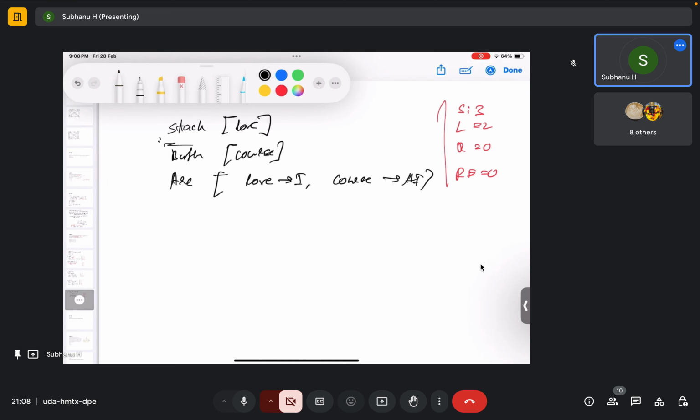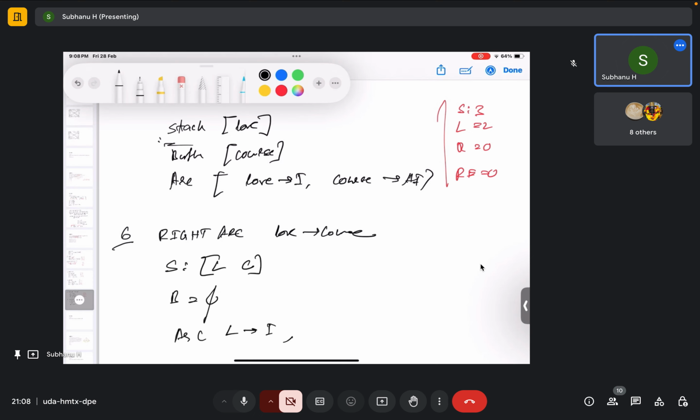Fine. So here my next action is a right arc, love to course. Okay. Here in the stack I have love and course, and in the buffer I have nothing, and the arcs are love to I, course to AI, and love to course.